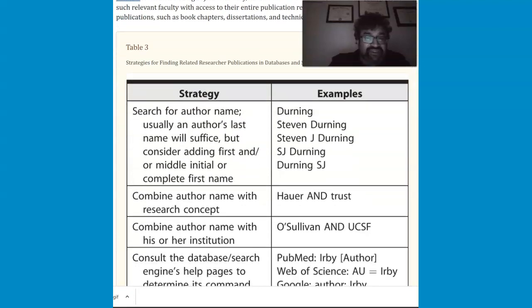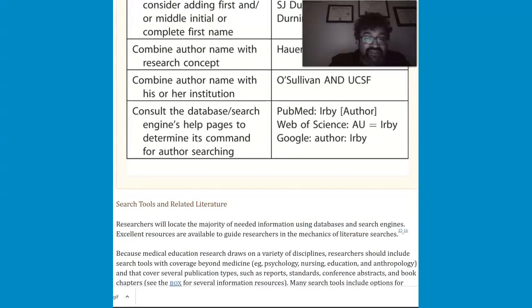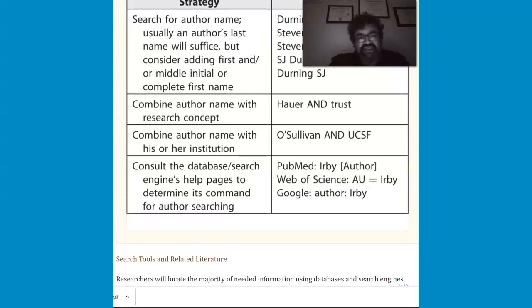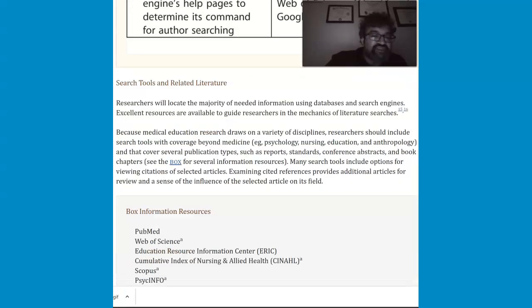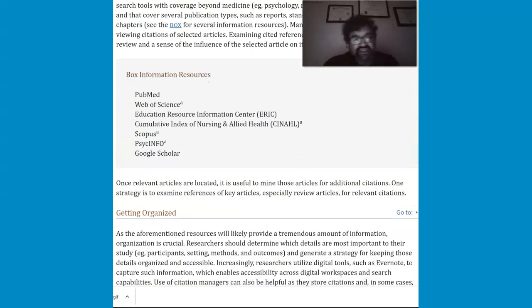Search strategies are even in here, so they've included everything, and combining author names when you need to. These are just four pointers that they have provided. Here's the box of information resources: PubMed, Web of Science, Education Resource Information Center, ERIC, CINAHL, Cumulative Index of Nursing and Allied Health, Scopus, PsychInfo, and then Google Scholar.